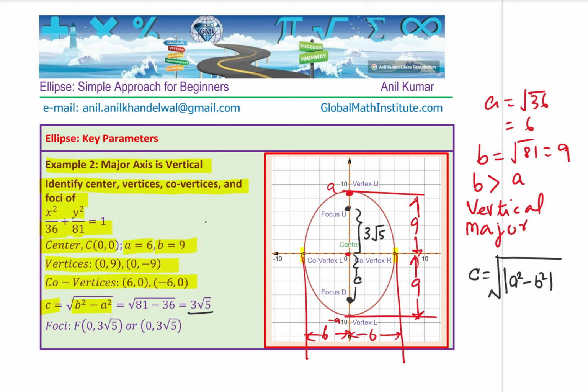So finding the origin and getting all the points is the best thing to do whenever we're talking about the characteristics or the graph or the parameters of an ellipse. I hope this point is absolutely clear. So we get the foci at plus and minus 3 square root 5 along the y-axis, with the x value being 0 as shown here. I hope these points are absolutely clear, right?